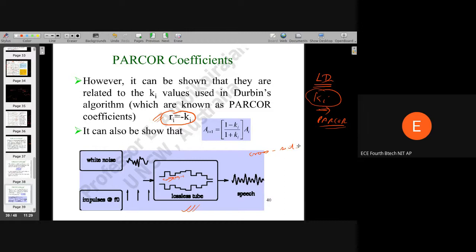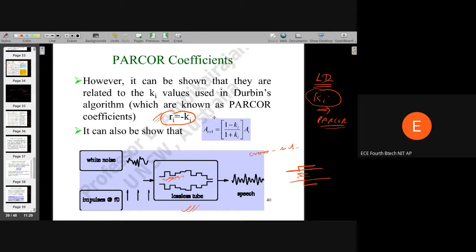In electromagnetic theory and waveguides, if some of you can recall, you will find that if one tube has an area and the next tube has a different area, then some reflection of the electromagnetic wave occurs. But if it is the same, basically an extension of the same tube, then there is no reflection.